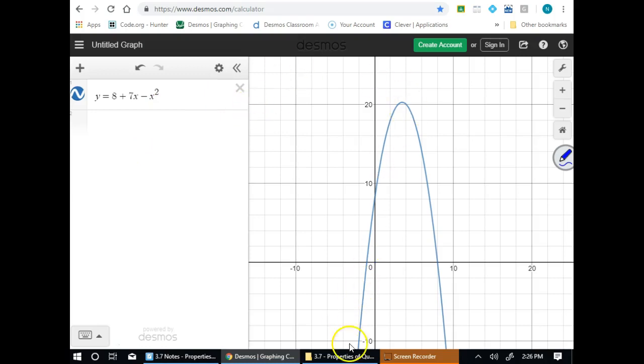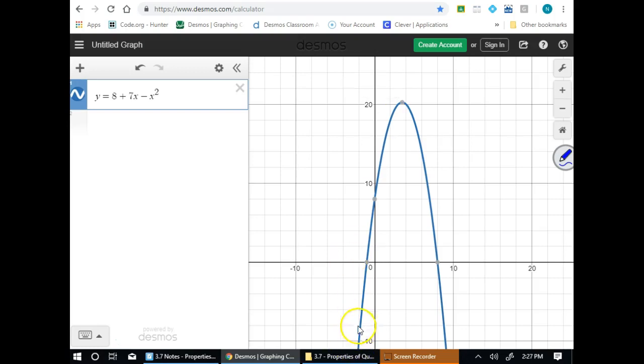So if I'm looking here at this function, it increases all the way up here to this maximum point, and then it decreases. We know several ways to find that maximum point. Desmos gives you a beautiful picture here. We see that's at 3.5, 20.25, but we only care about the x values for this.